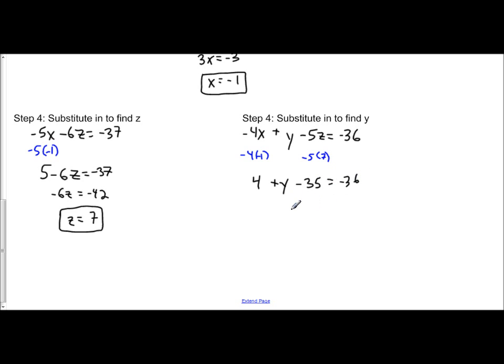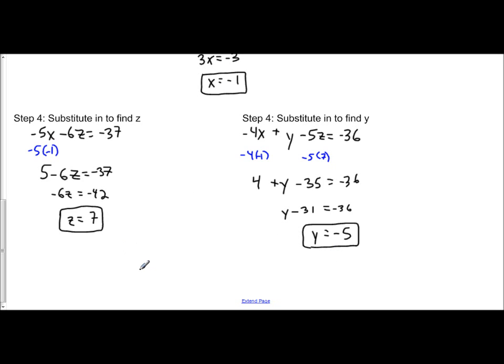You combine like terms. 4 minus 35 is negative 31. So y minus 31 equals negative 36. Add 31 to both sides, and you get negative 5.